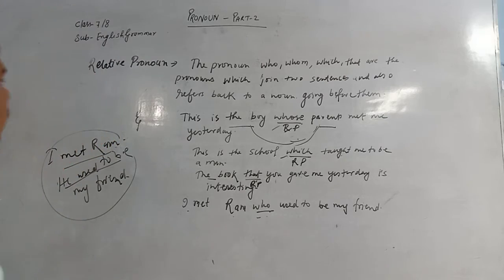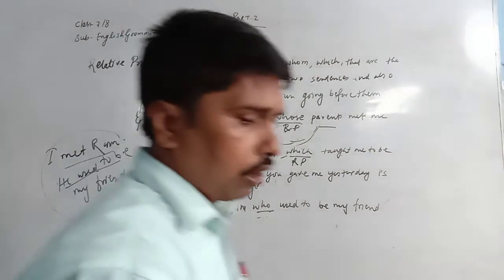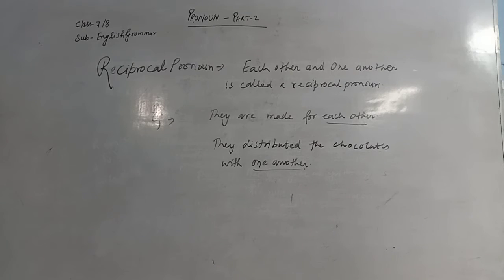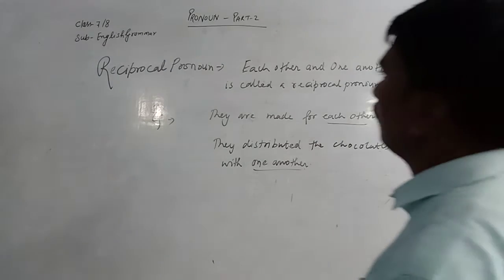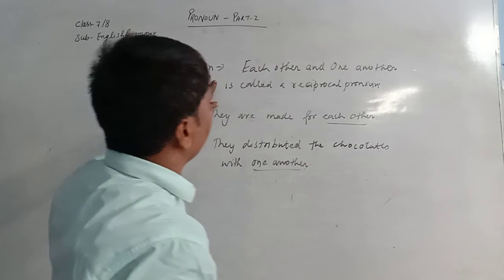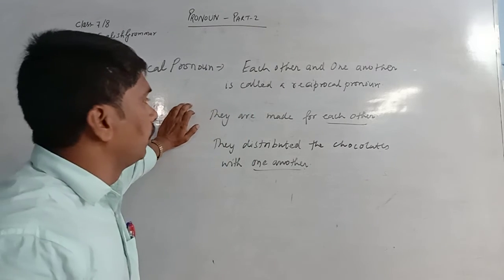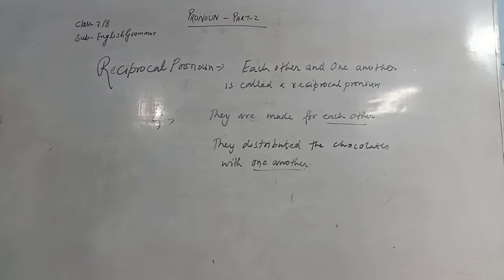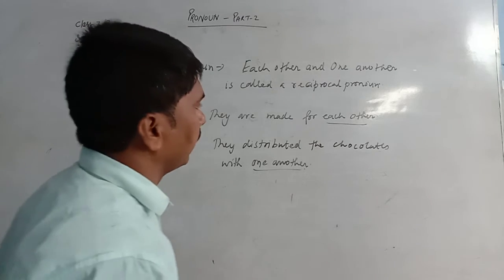Now we'll talk about reciprocal pronoun. The pronouns each other and one another are called reciprocal pronouns. They are made for each other. वे दोनों एक दूसरे के लिए बने हैं.